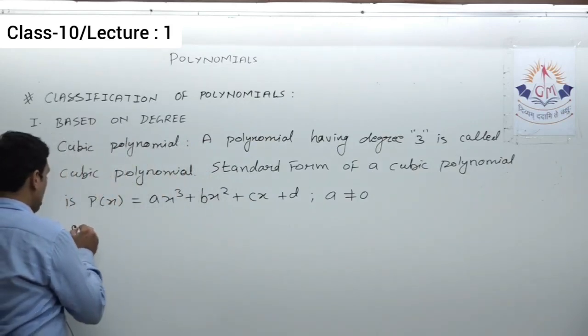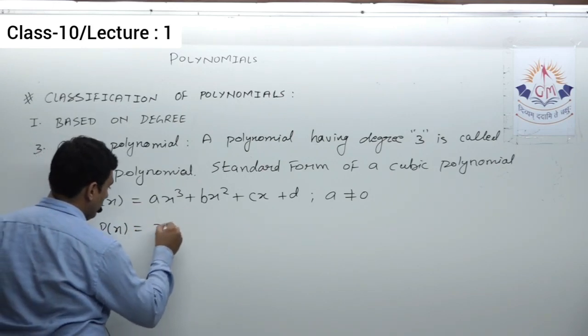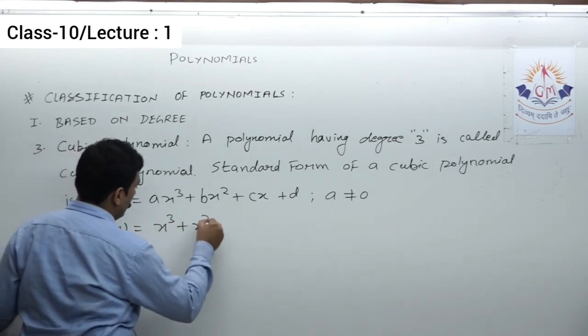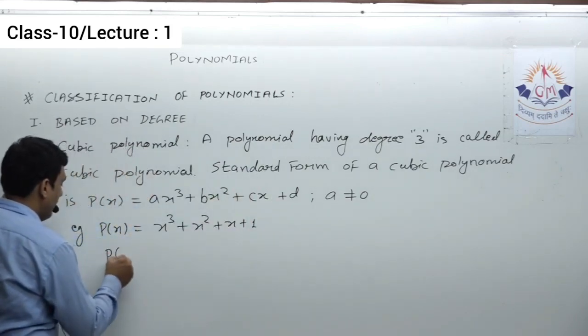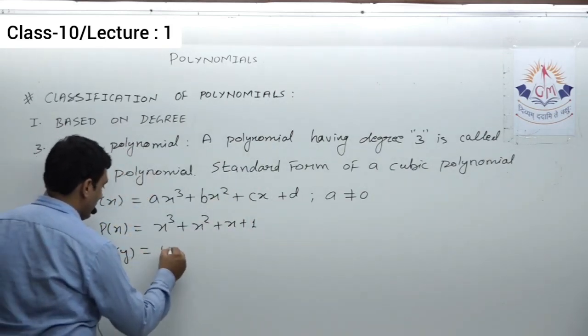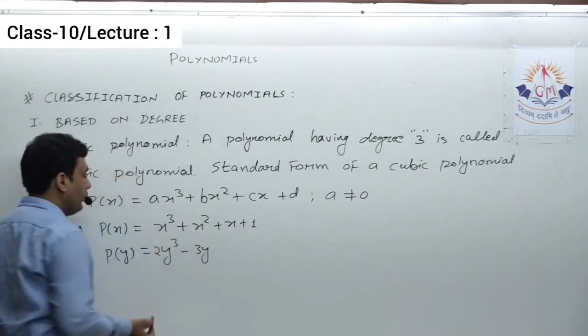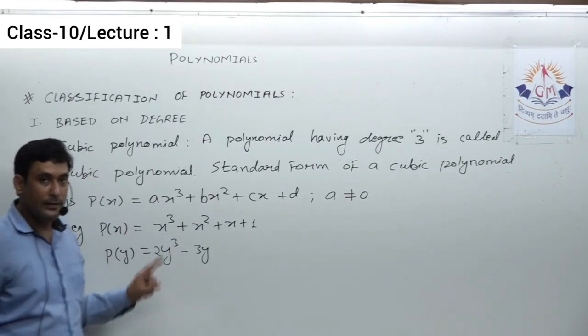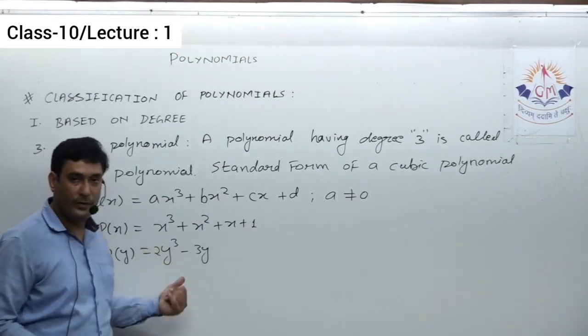So now let us see some examples. p(x) = x³ + x² + x + 1. Okay, so many examples are there that you can write. 2y³ - 3y, this is also a cubic polynomial. The only thing is that the leading coefficient should not be equal to 0, and the maximum power of the variable must be 3.